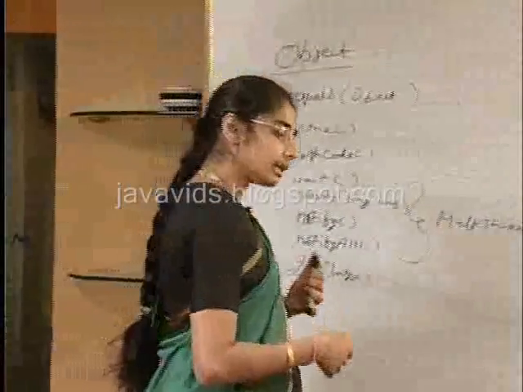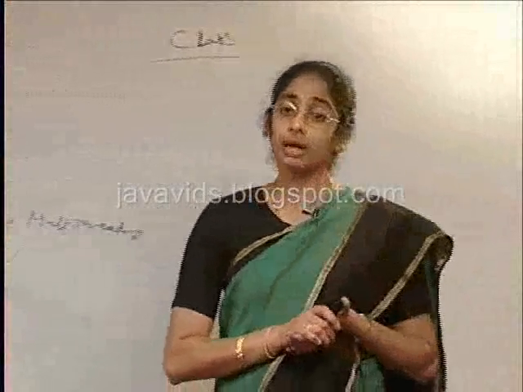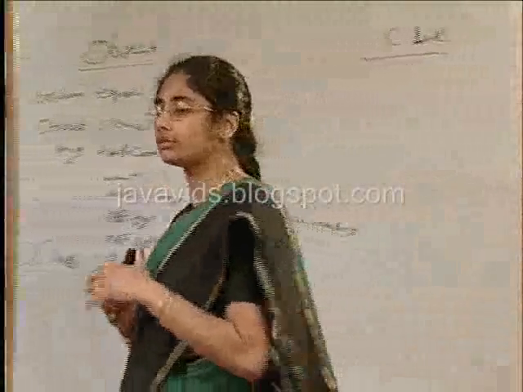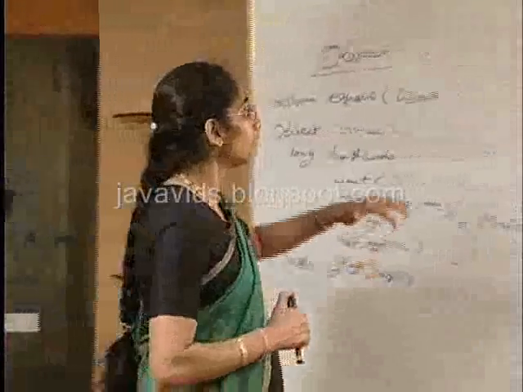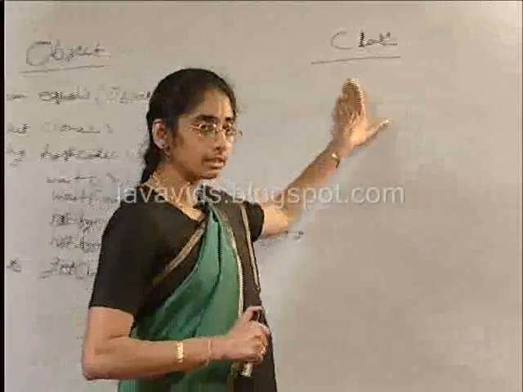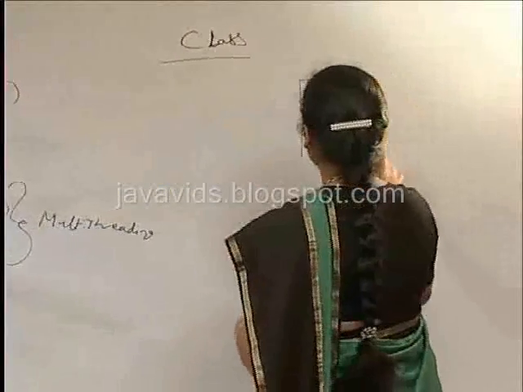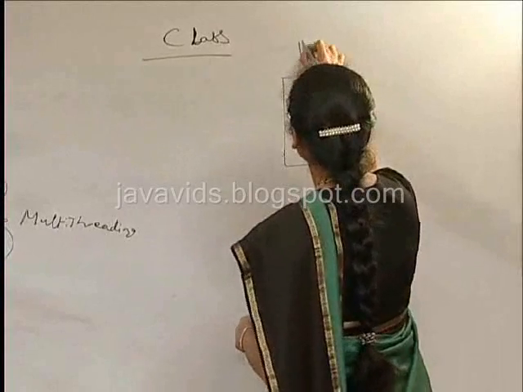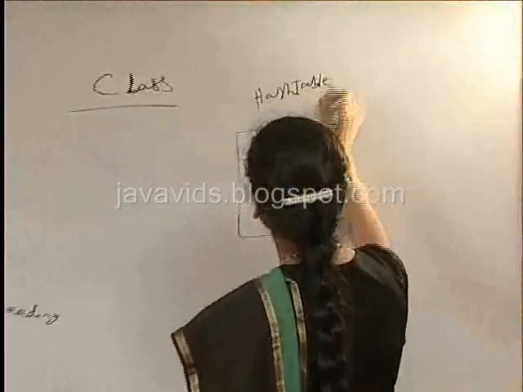Now where does it return the Class object for class A from? What happens in the JVM is that whenever classes are loaded into the JVM, it creates an object of Class for every class loaded into the JVM and puts it into the hash table which the JVM maintains. A hash table is a key value pair.